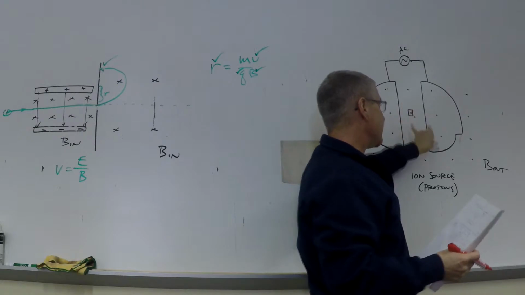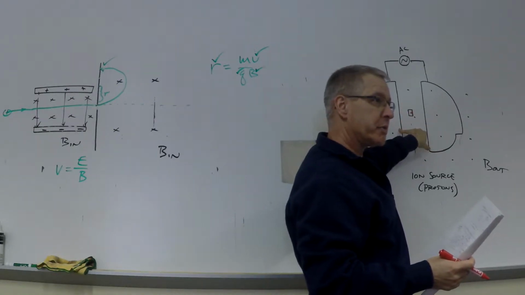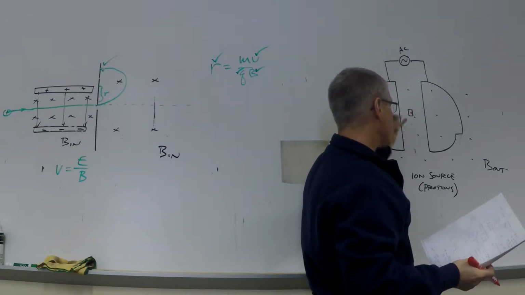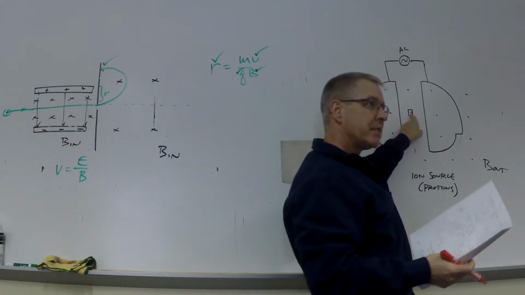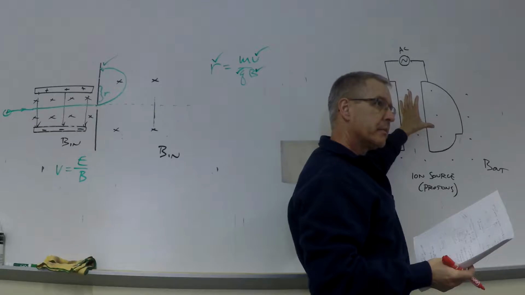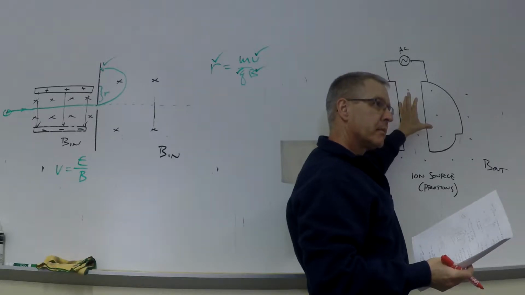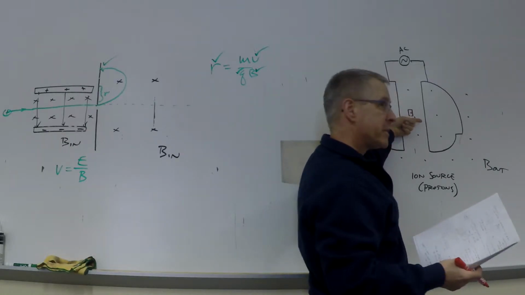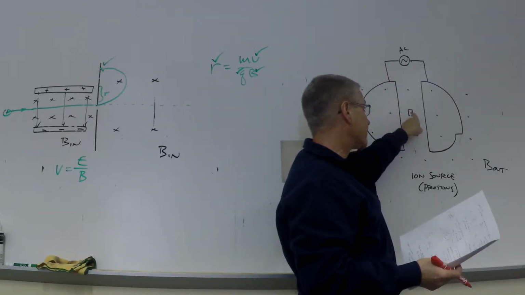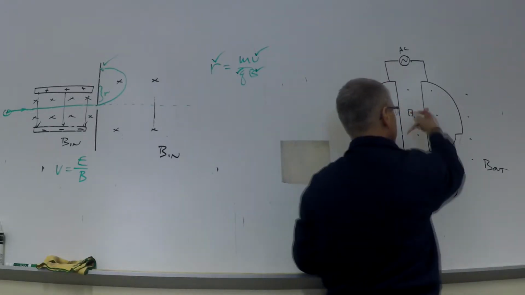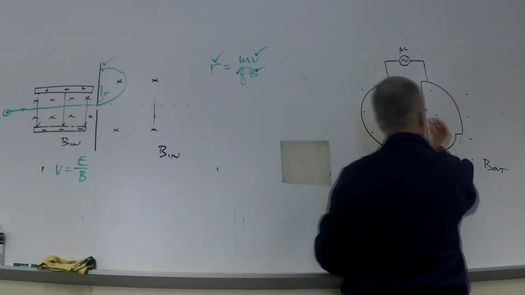If I do that, that means there's a potential difference between these two. So if you want to think electric field, there's an electric field that way, or there's a potential difference between here and here. What does our little positively charged particle do if I let go of it at this point? This is positive, this is negative, or if my electric field in this gap is that way, what's my little positive charge do if I let go of it? It heads that way. Wasn't moving at all, and now it moves this way.